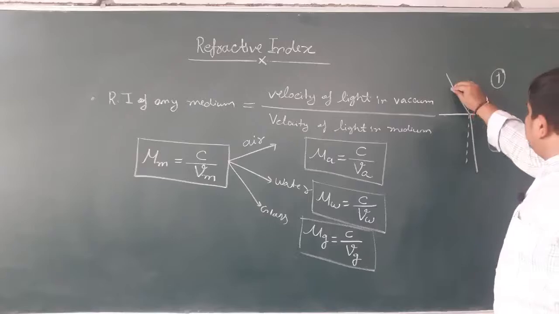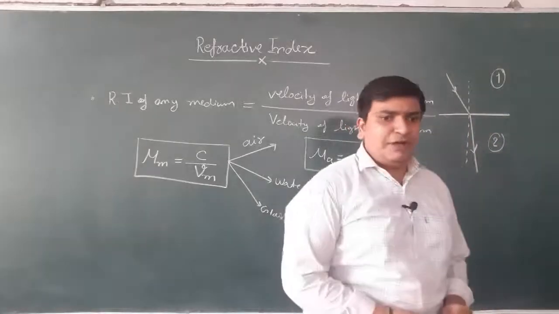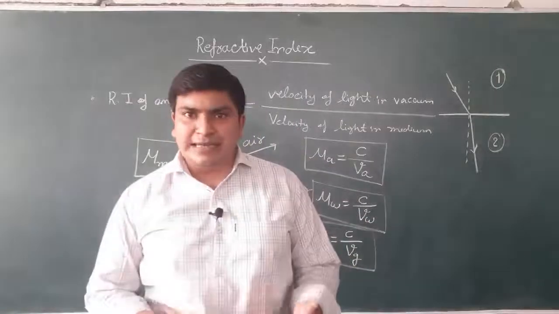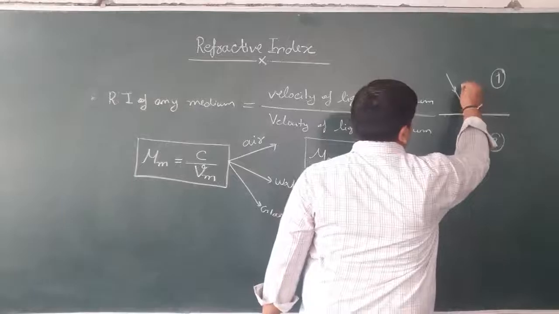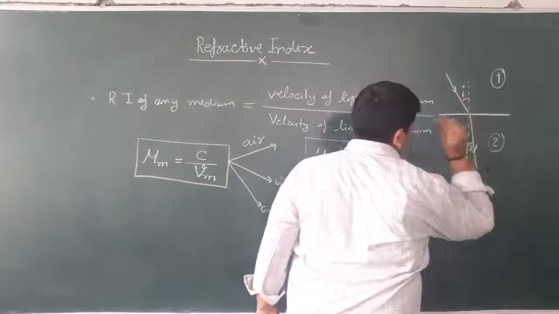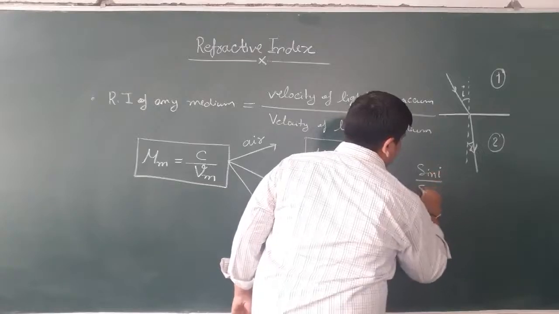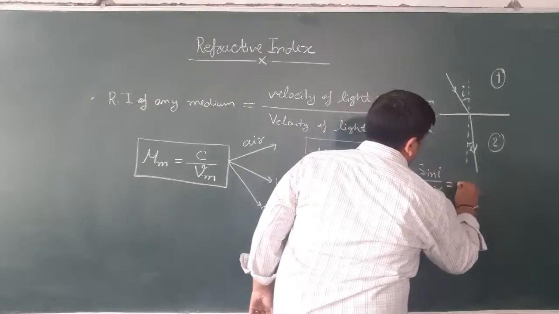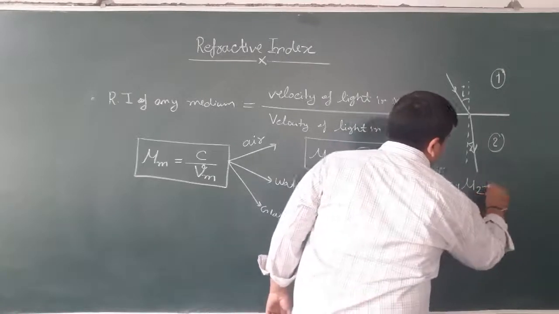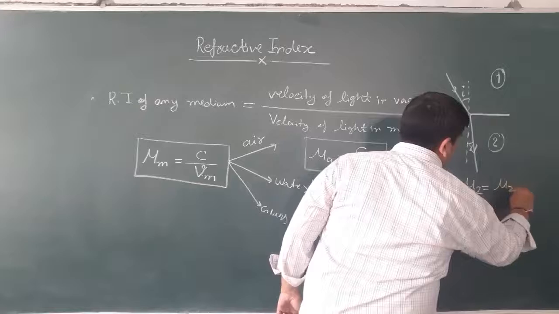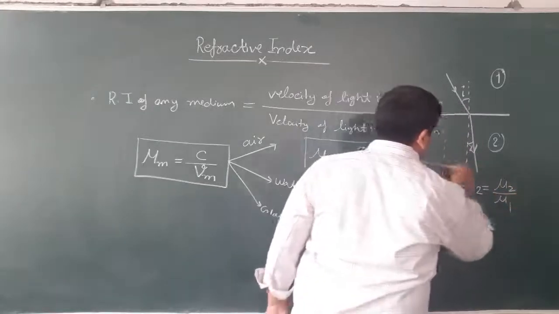Then according to the second law of refraction, which is also known as Snell's law, with angle of incidence I and angle of refraction R, sin I by sin R equals the refractive index of the second medium with respect to the first, like this.